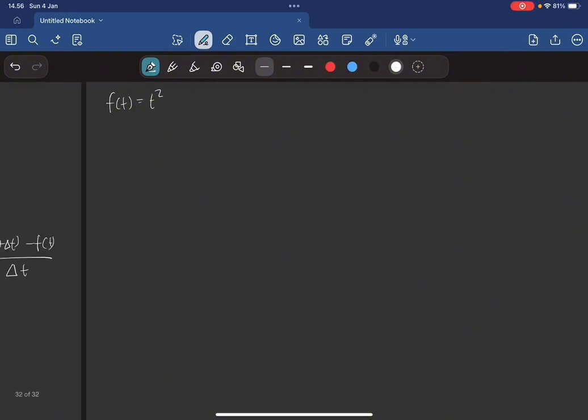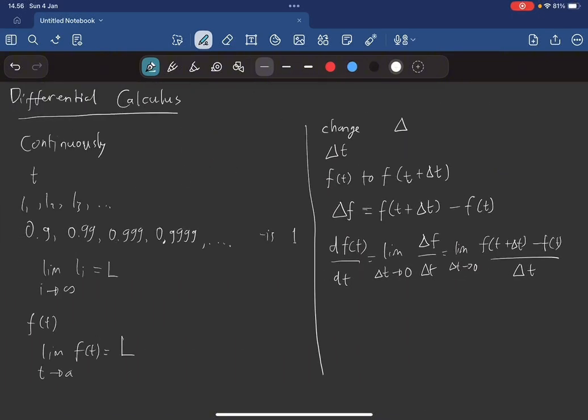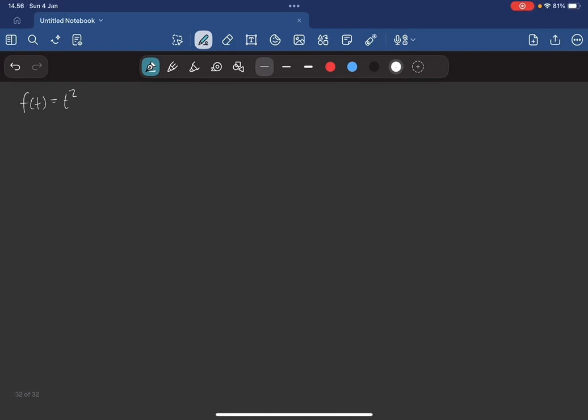If we apply the last equation and begin by defining f(t plus delta t), we can calculate this term, t plus delta t squared, by direct multiplication, or we can use the binomial theorem. Either way, f(t plus delta t) equals t squared plus 2t delta t plus delta t squared.